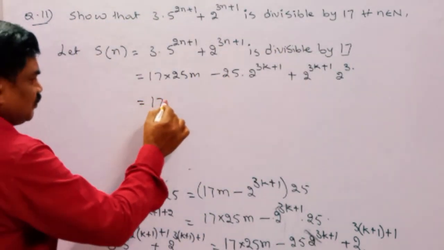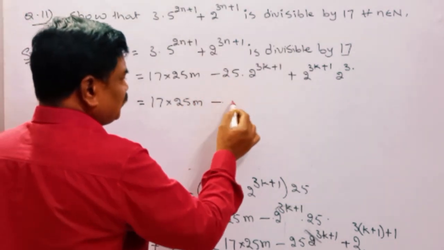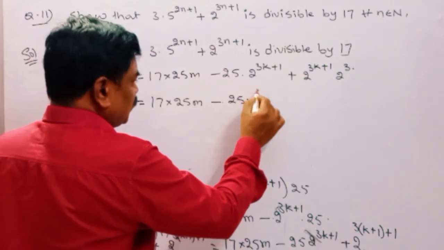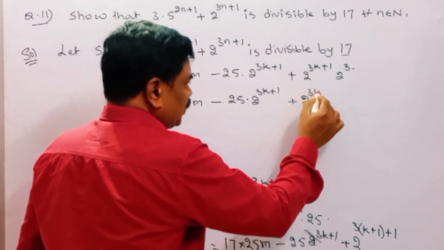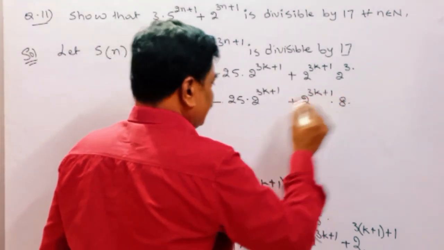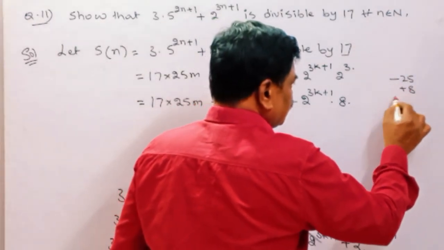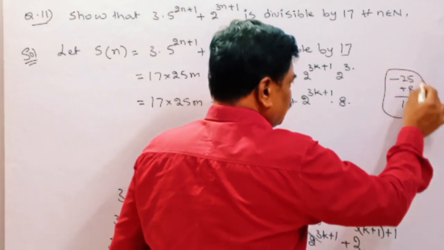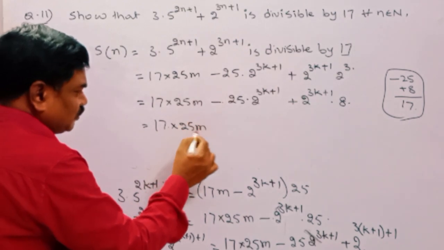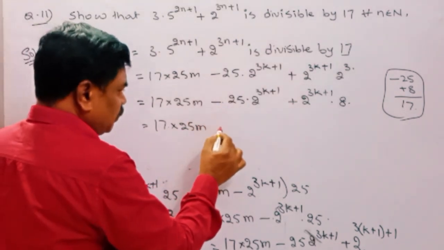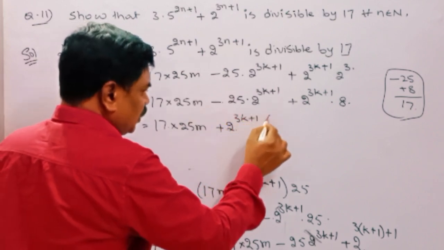This is equal to 17 into 25m minus 25 into 2 power 3k plus 1 plus 2 power 3k plus 1 into 8. Minus 25 plus 8 is minus 17. This is equal to 17 into 25m plus 2 power 3k plus 1 common.